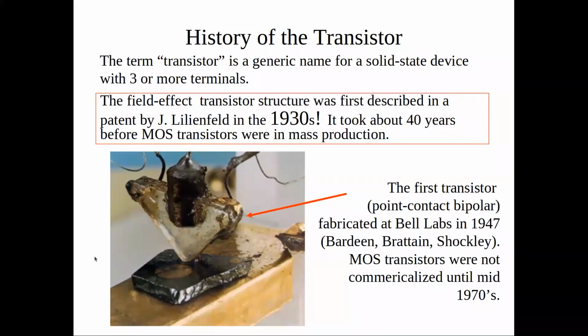This is a picture of the original device fabricated in 1947 at Bell Labs by Bardeen, Brattain, and Shockley. It was a breakthrough because it was a solid state device that would actually implement all of the equations that were hypothesized and predicted in the 30s.